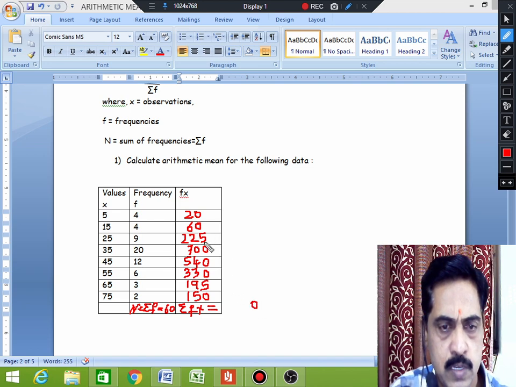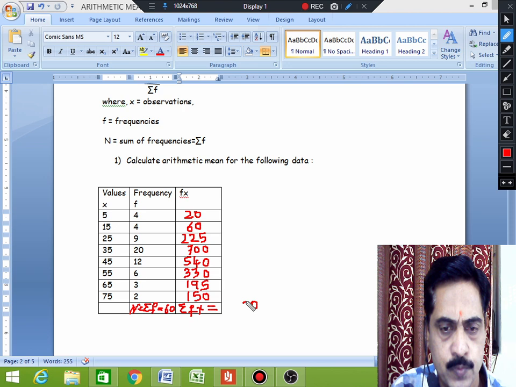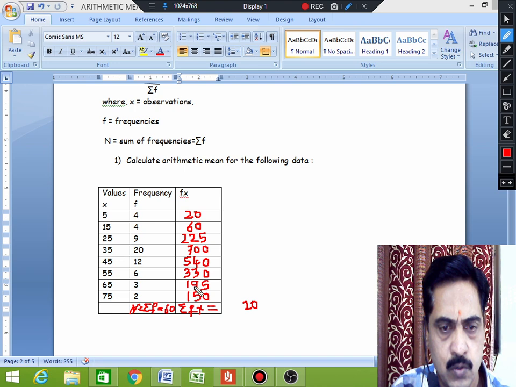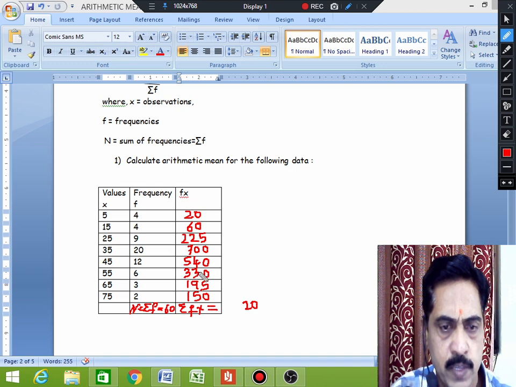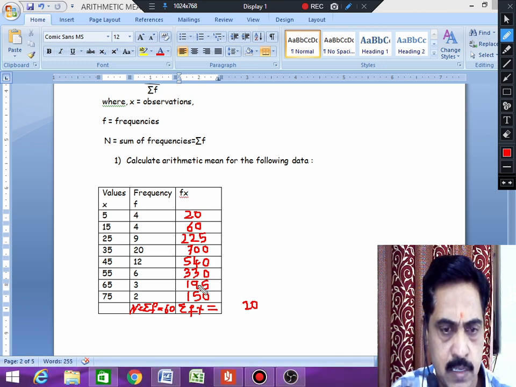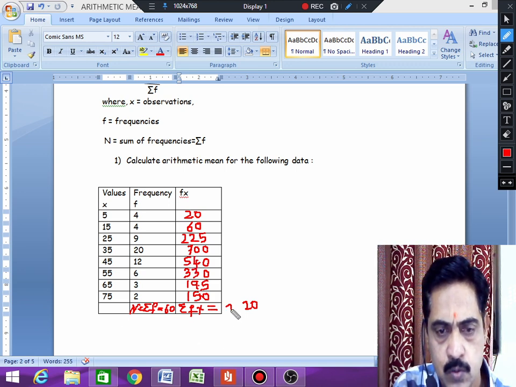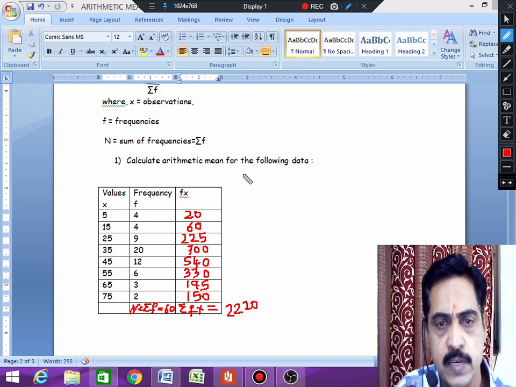Okay, let me calculate once again. The sum comes to be 2220. Okay, now let me calculate here.